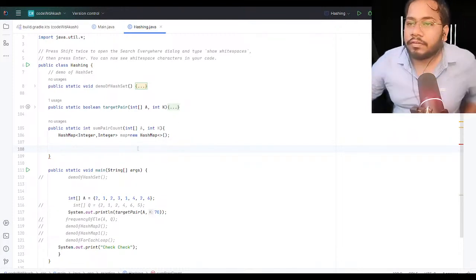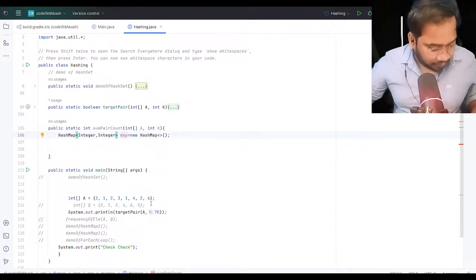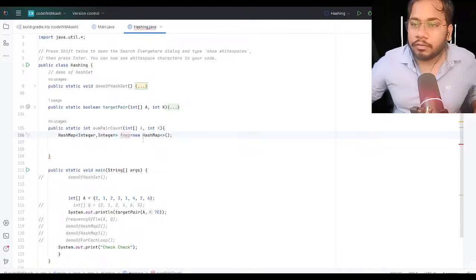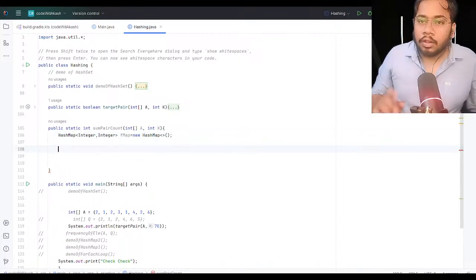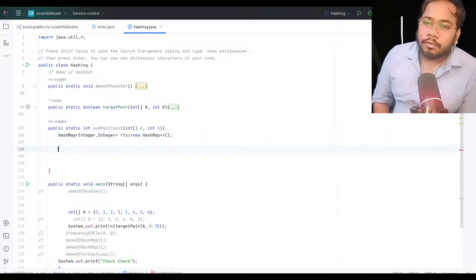Okay, let's name it frequency map, guys, because it is containing the frequency. So done. We have created a frequency map.